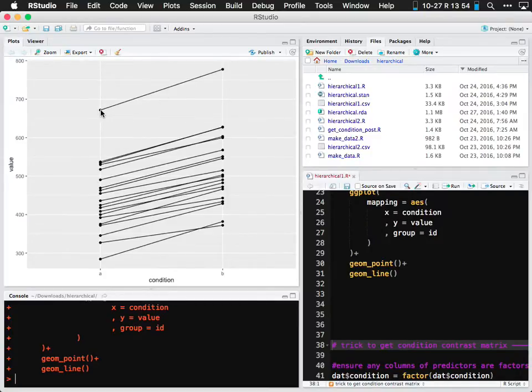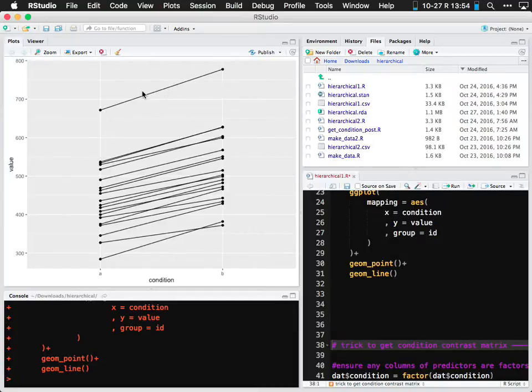We do know that this person is the same as this person. So we could go through and just compute a difference score. So what is this slope? What is this slope? All the slopes. Just eyeballing it, all those slopes are positive. So a t-test will probably come out. If we were to just do an inference on the difference between the two conditions, that would probably come out as having 0 is not very credible.